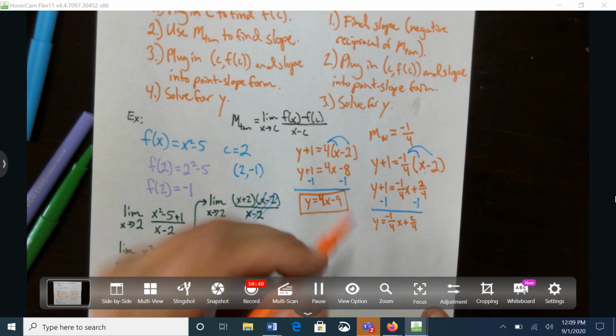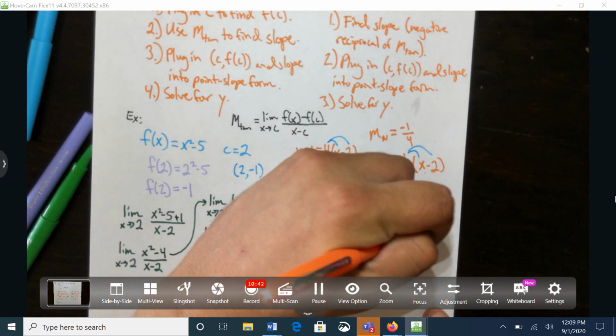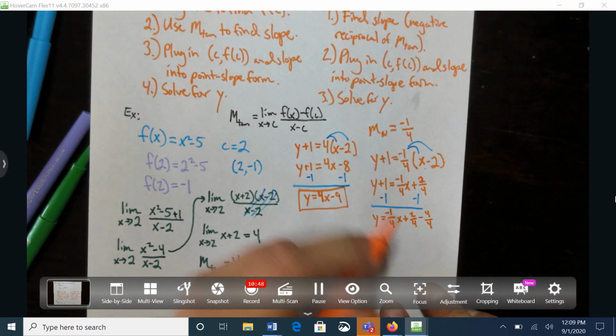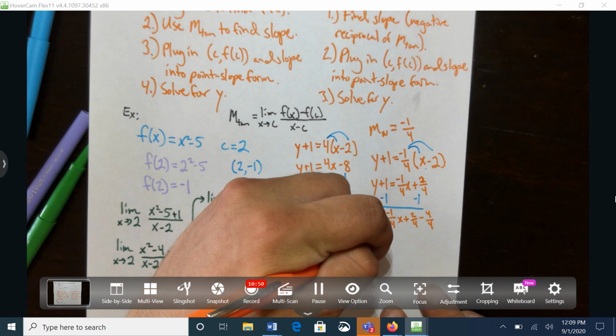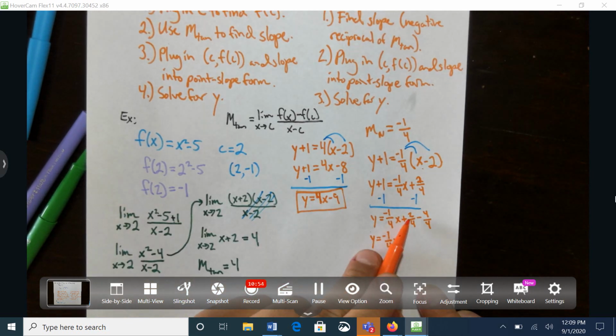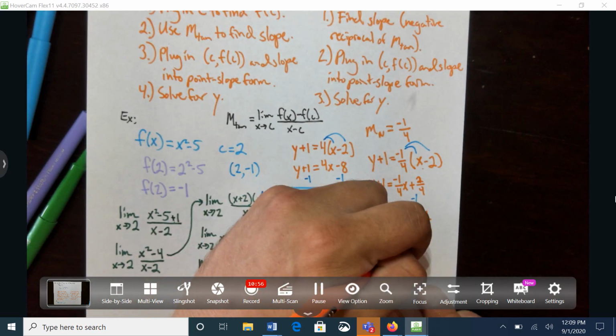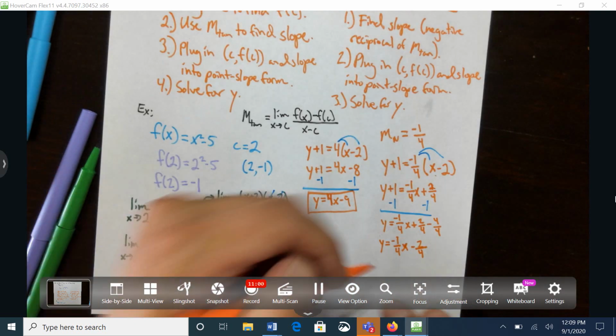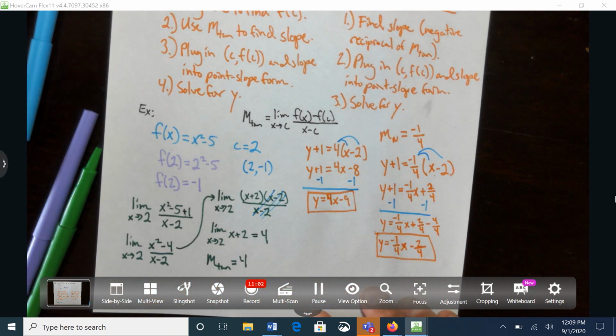So negative 1 is the same as negative 4 over 4. Right? And then we can combine these two. So y equals negative 1/4 x, 2/4 minus 4/4 is minus 2/4. And that is the equation of our normal.